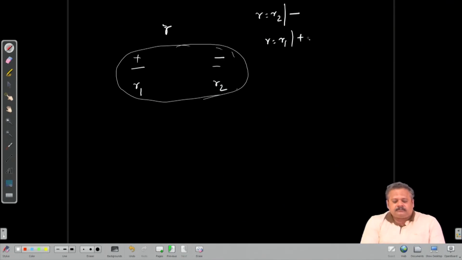And now if we use the response rate to minus as the threshold, that is, since it is a two alternative forced choice, if the minus is coming next, then this R2 can be made our Z. That is, if R1 is larger than R2, we will say plus stimulus.